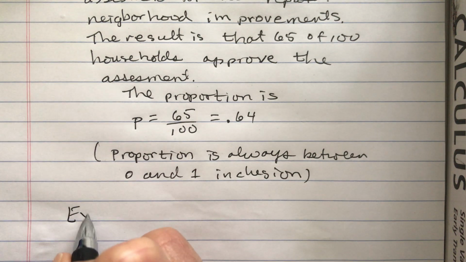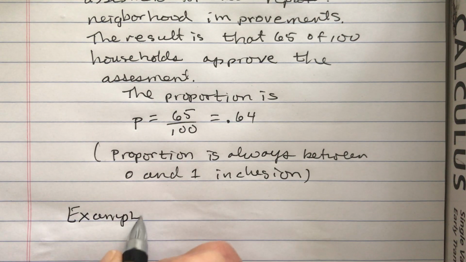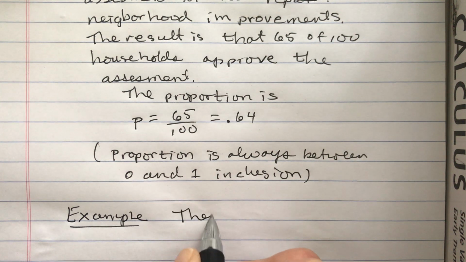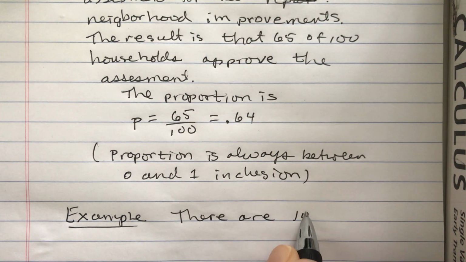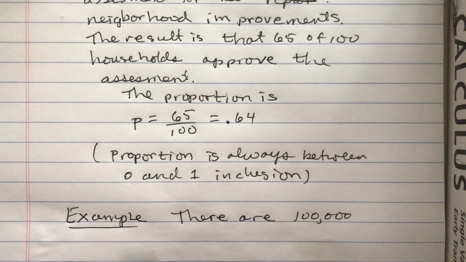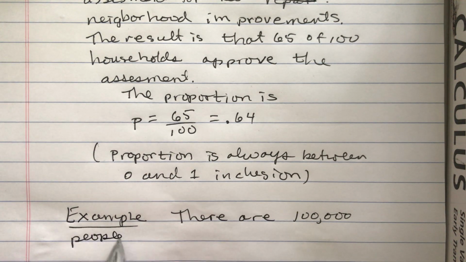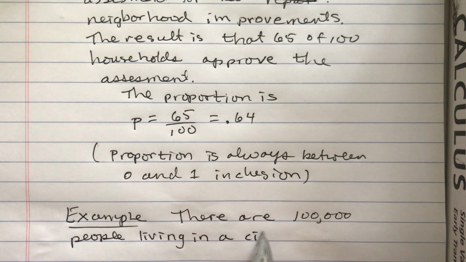Here's another example. There are 100,000 people living in a city.